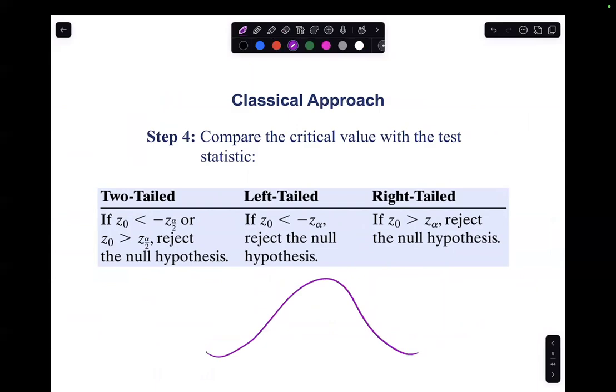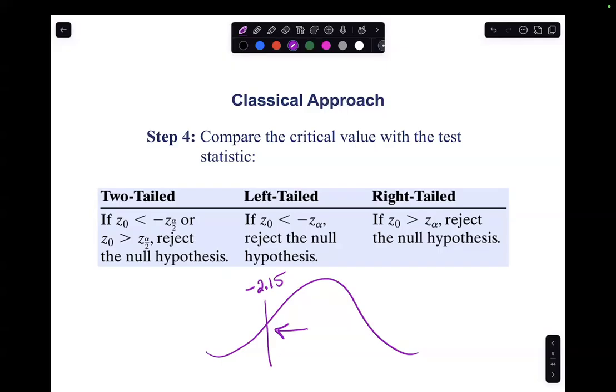So my left-tailed test, I have a critical value that shows me how many standard deviations below the mean the edge of my confidence interval is. I'm going to just put a number here. Let's just say this is negative 2.15. It's just a random number I came up with in my head. It's not based on anything. I just made it up.